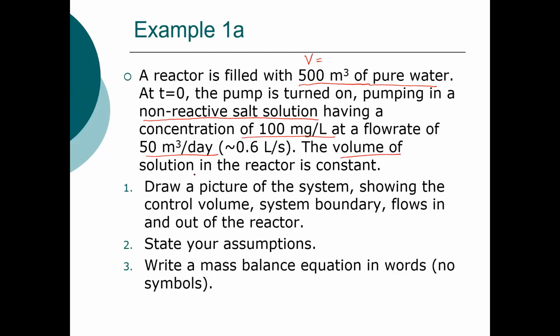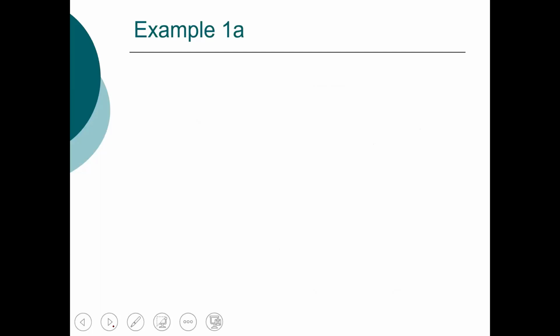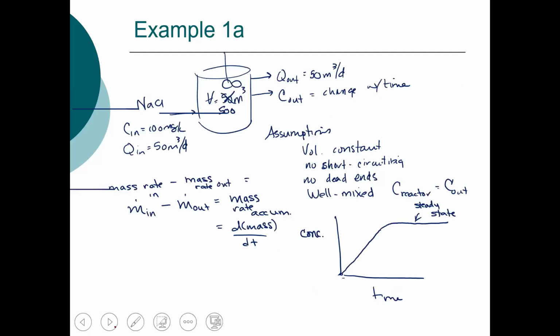And you're told that the volume of this solution is constant, in which case Q in equals Q out, which we can call Q, and that is 50 cubic meters per day. And you were asked to draw a picture, state your assumptions, and write a mass balance. And this is what we did on Friday. So we got to this point on Friday.